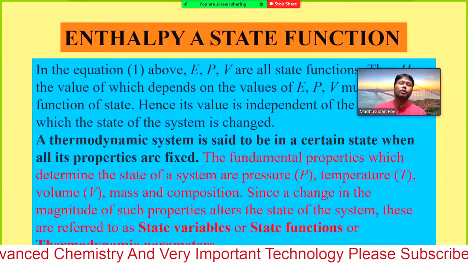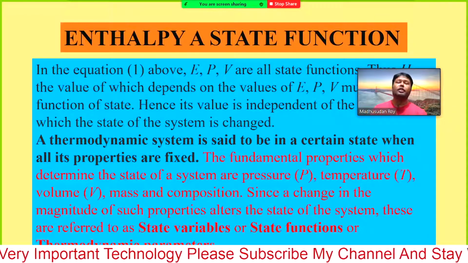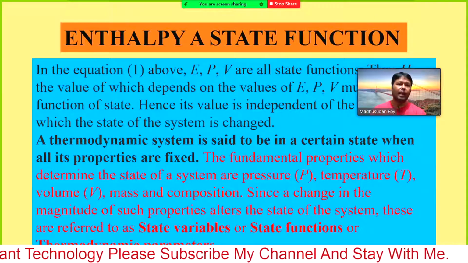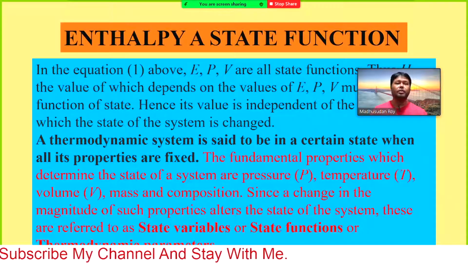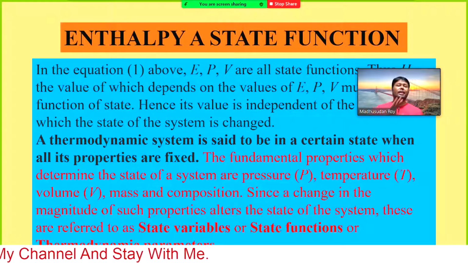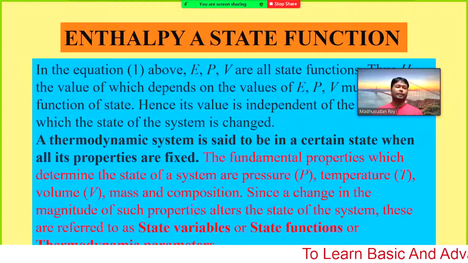So, temperature 25 degrees Celsius or 20 degrees Celsius, and the volume or mass is 1 kg or 1000 milliliter or 1 liter. So, these terms are fixed if you want to define a system. A thermodynamic system is said to be in a certain state when all its properties are fixed.